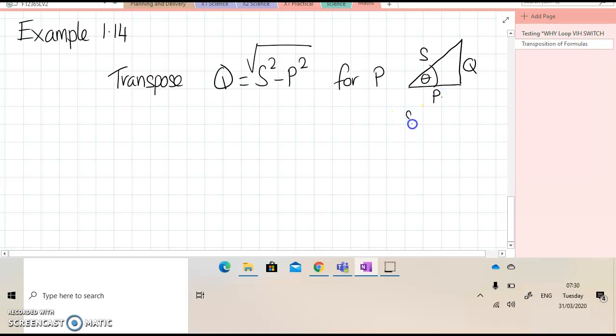So obviously we know that's Pythagoras. So what we want to work out this time is the value of P.